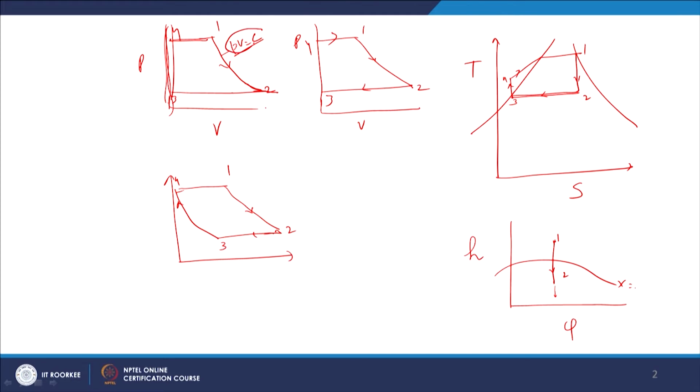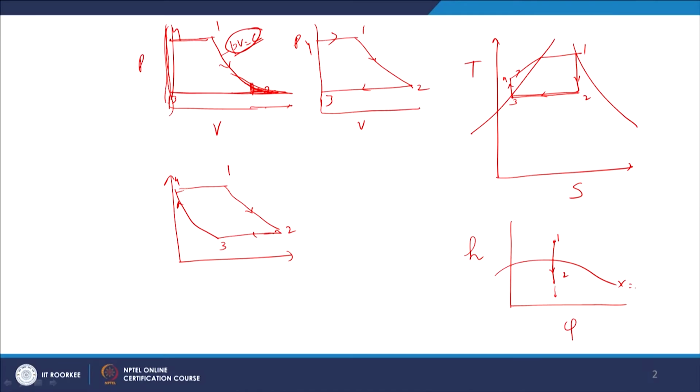So in the fag end we are getting very little power output, and this output may be compensated by the friction loss in the reciprocating engine. So normally the expansion is not taken up to here, it is taken up to here. So the diagram is like this.